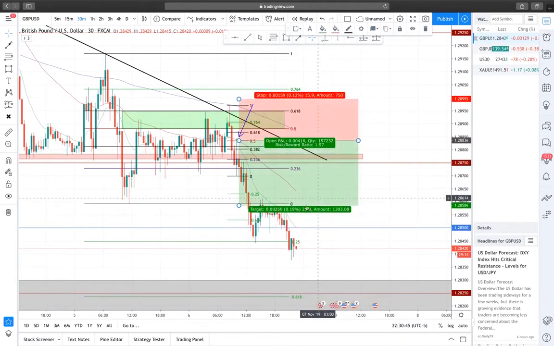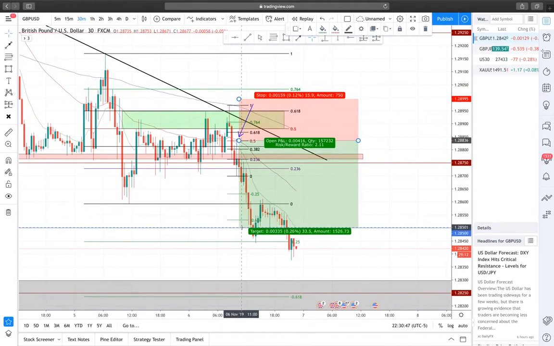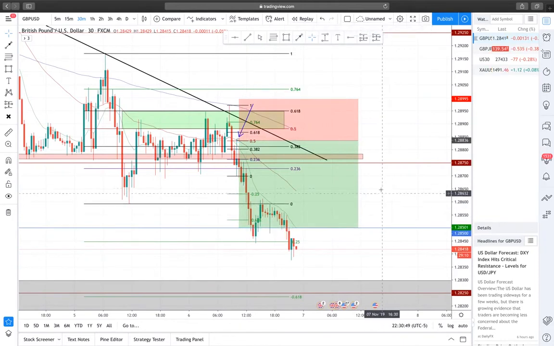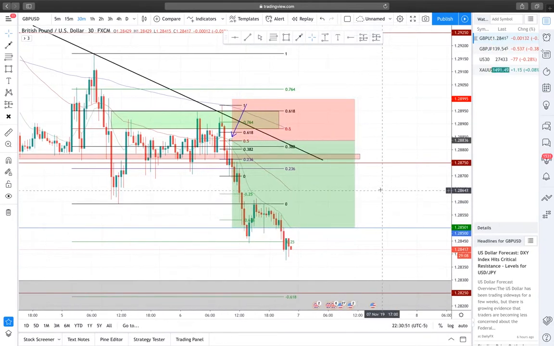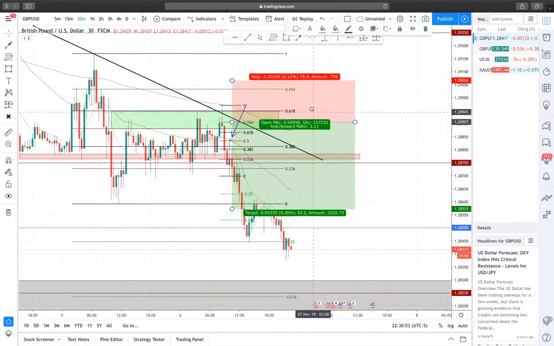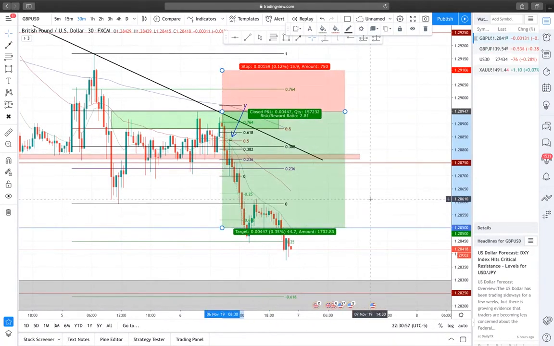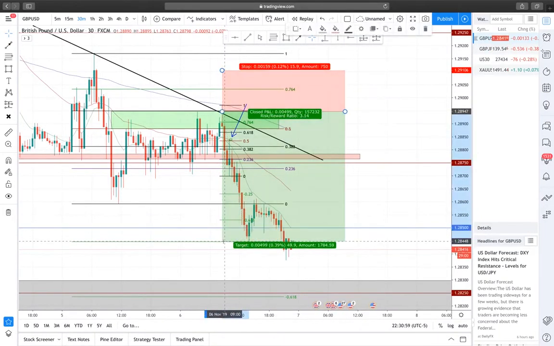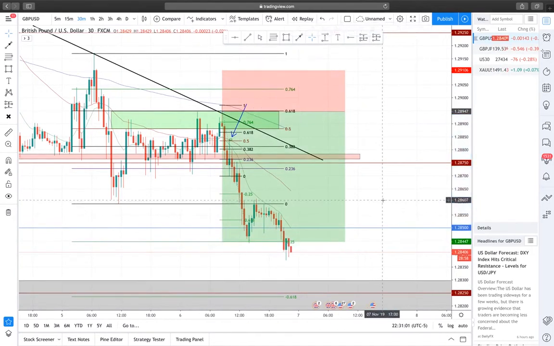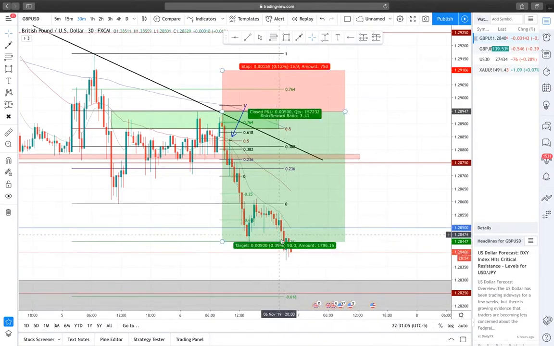And from our 50 entry in the 15 minutes, about 33 pips. If you guys would have got up here, I said, guys, you guys could have caught like 50 pips. And as you can see, we're still going down.